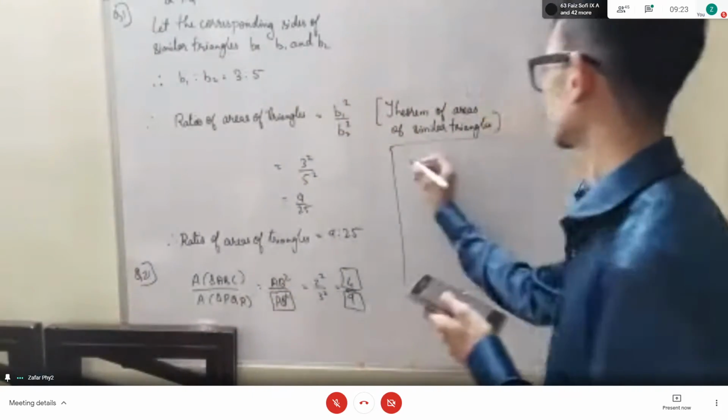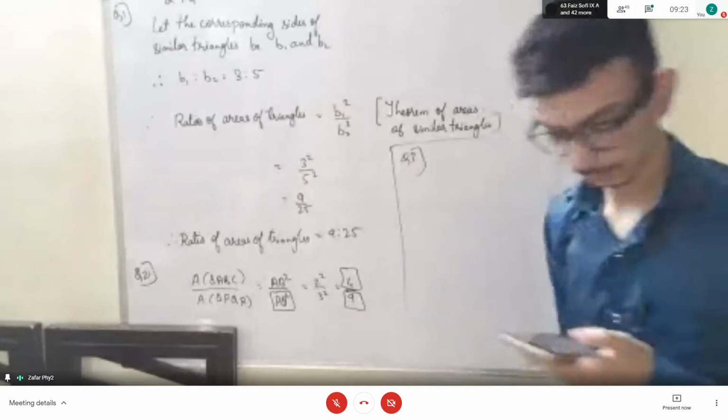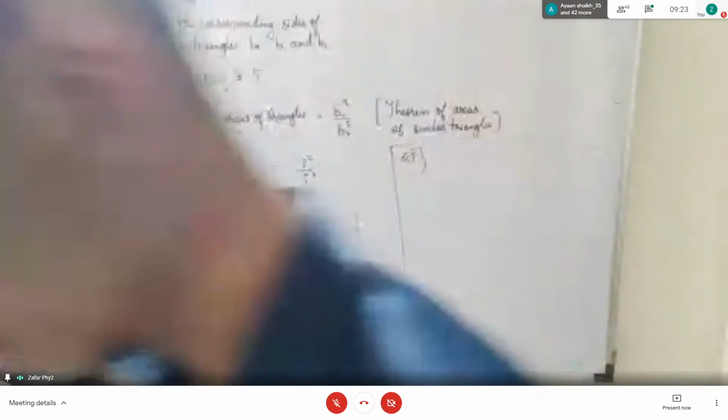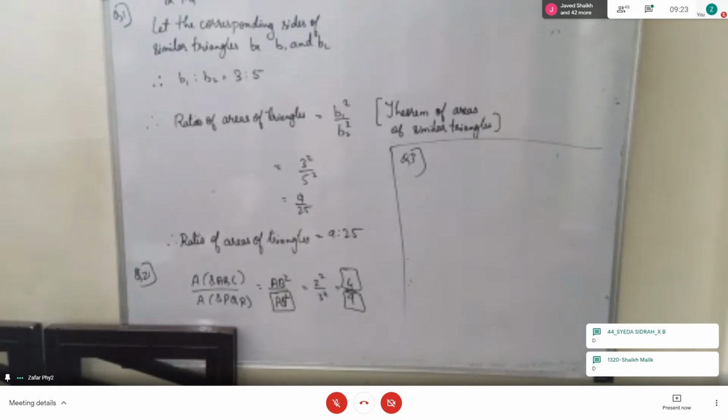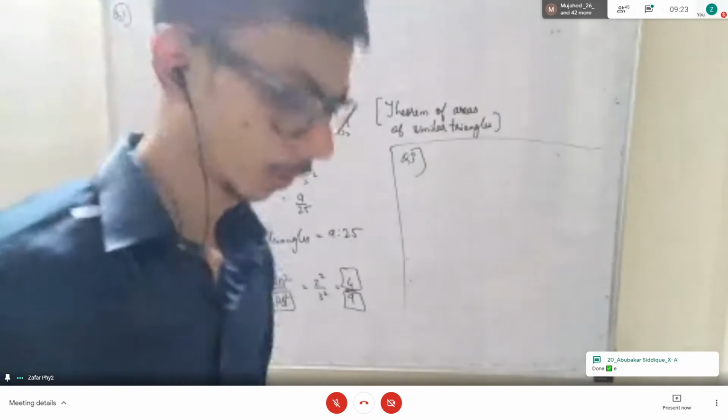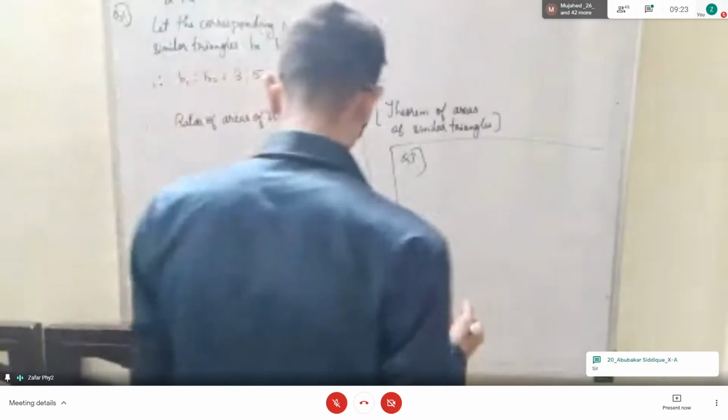Question number 3. Write this. If done, write D. Okay, question 3, write in the textbook.